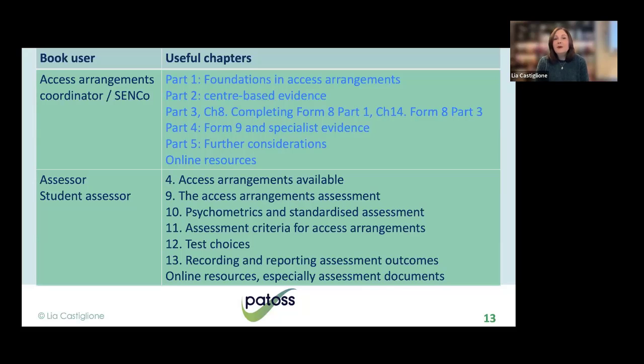But, for example, in Part 3, it's particularly going to be Chapter 8, the completion of Form 8 Part 1, and Chapter 14, the completion of Form 8 Part 3, because the rest of that part is about the assessment. You've got lots of different information there. For the assessor or the student assessor, then obviously it's going to be things around the assessment, so the psychometrics and standardized assessment, the test choices, and so on. So particularly useful chapters there.